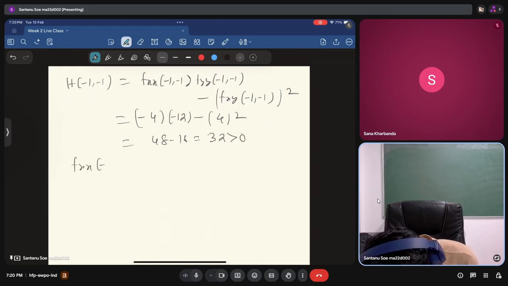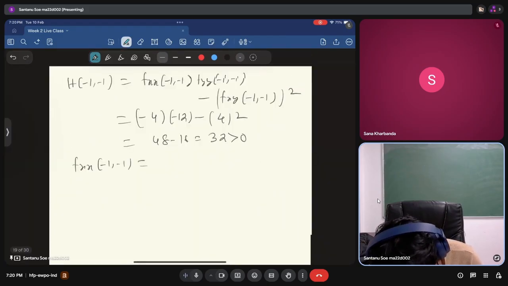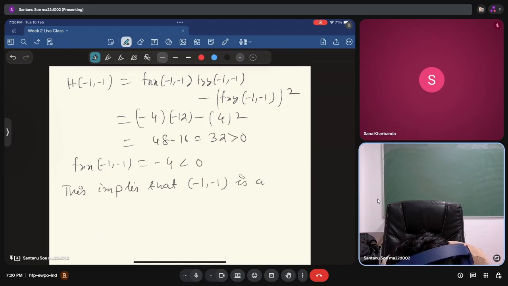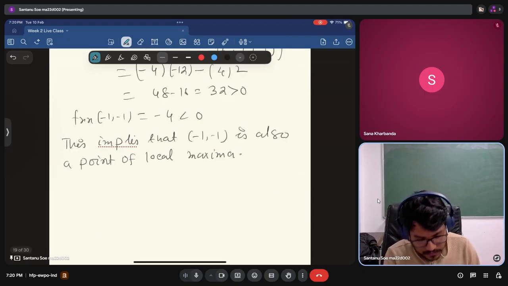And fxx at (-1, -1) will be minus 4, which is less than 0. So this implies that (-1, -1) is also a point of local maxima.